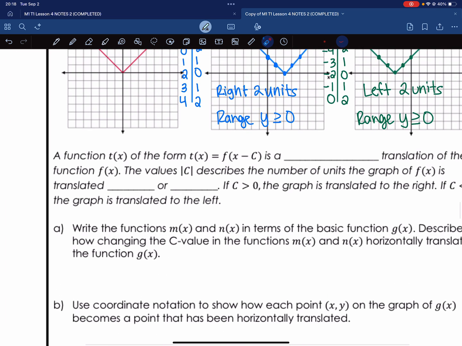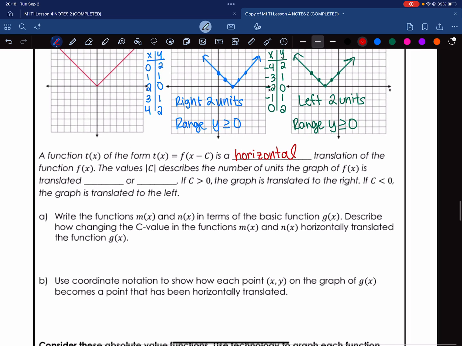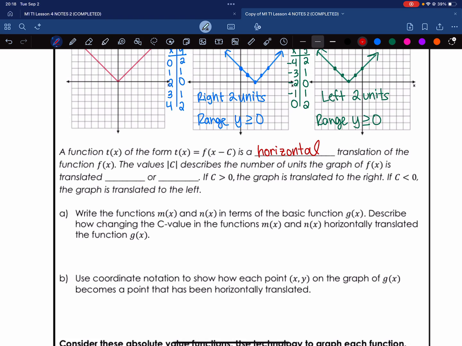Okay? And so what this is called, or what we say, is that a function t of x in the form of t of x equals f of x minus c is a horizontal translation of the function where the absolute value of c describes the number of units the graph of f of x is translated to the right or left.